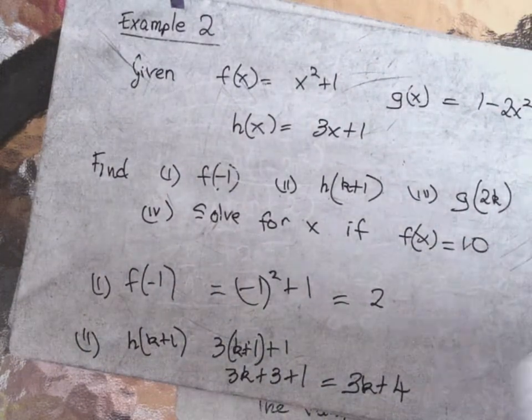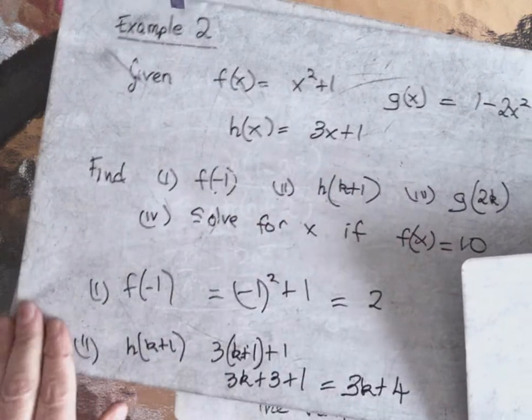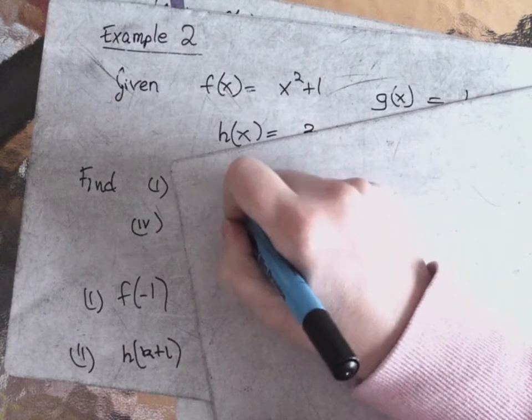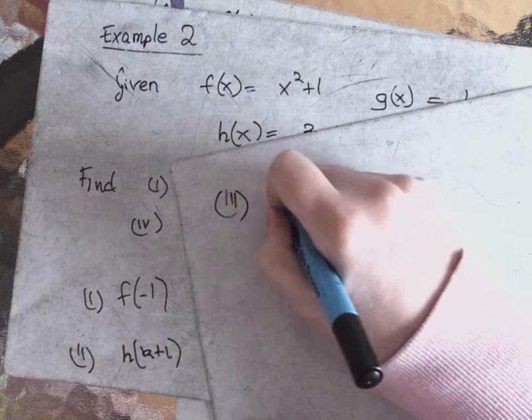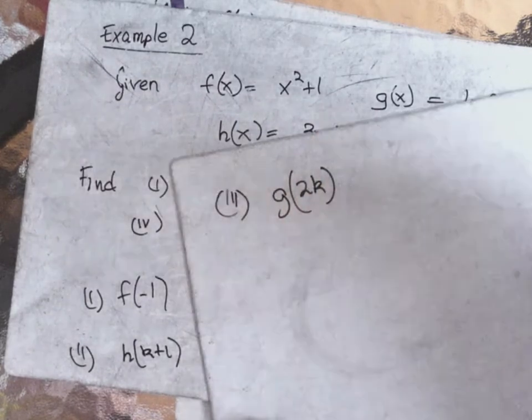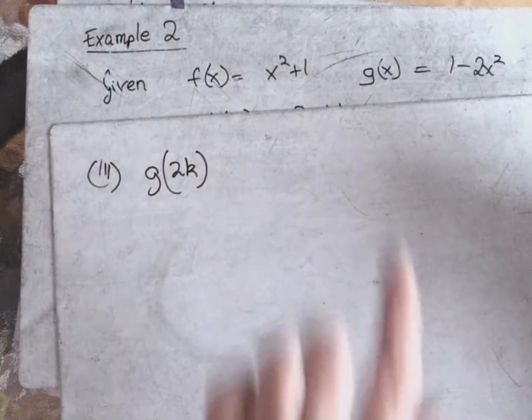The next part of that question is part 3, find g of 2k. That means into g, everywhere I see an x, put in a 2k. Here's g, it's 1 minus 2x squared.